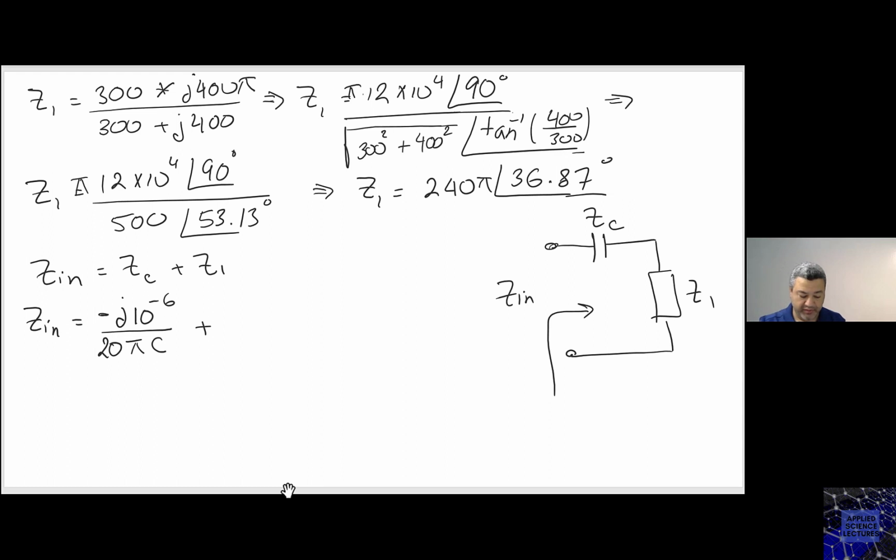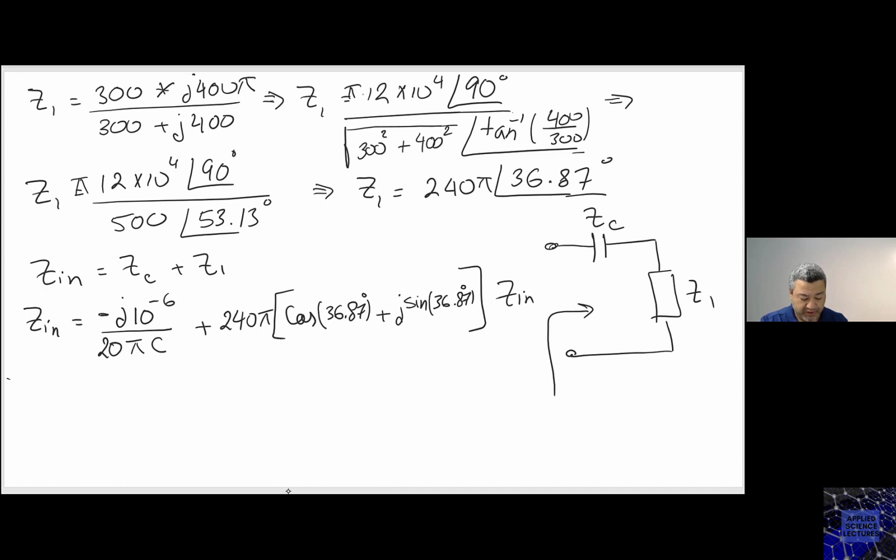We can convert it back to the rectangular format: 240 pi cosine 36.87 degrees plus j sine 36.87 degrees.